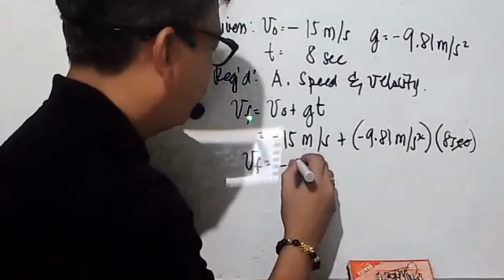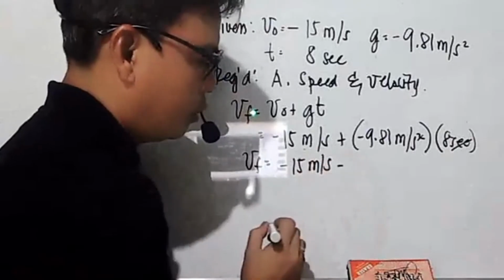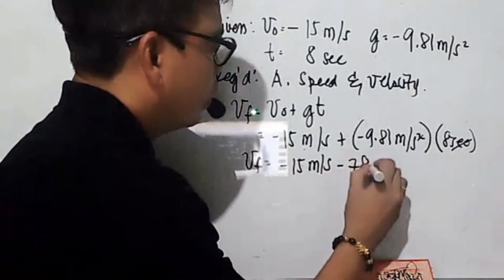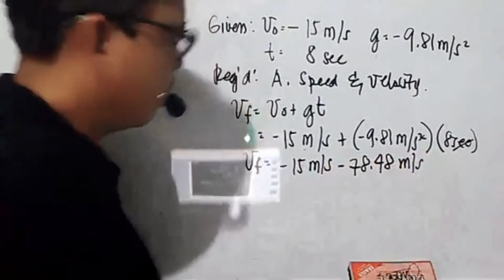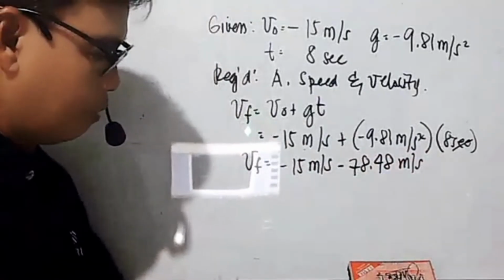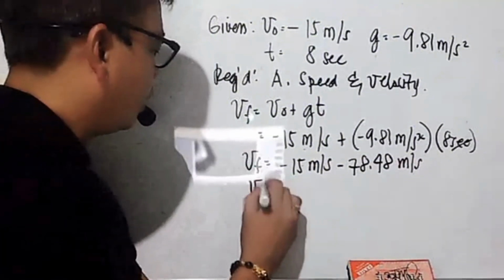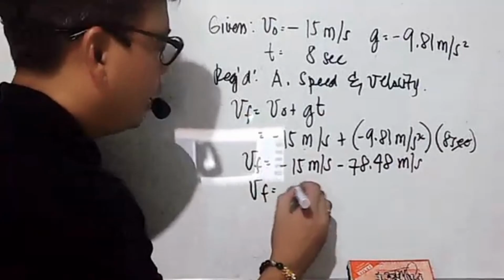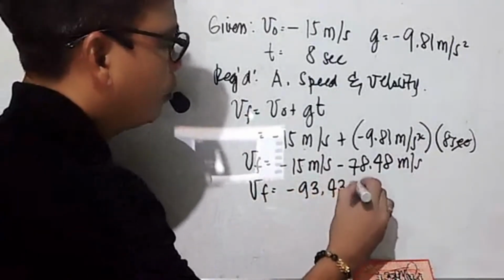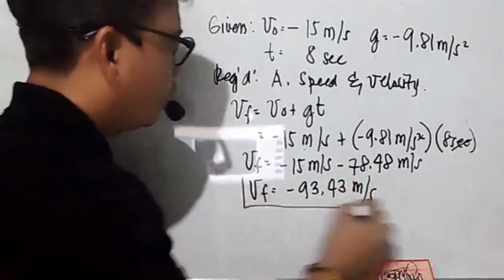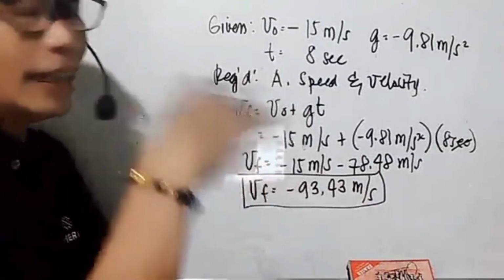So negative 15 meters per second minus 78.48 meters per second. Then we subtract 15, so we have a final velocity of negative 93.43 meters per second. So this is your velocity at 8 seconds.